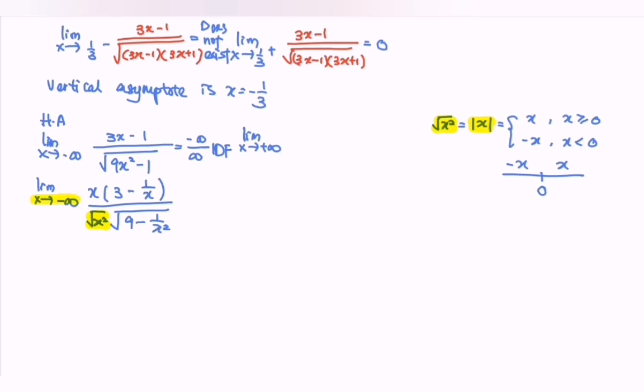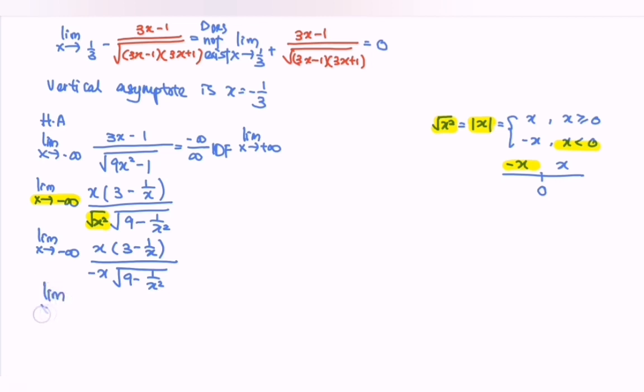For this case, we have negative infinity, meaning towards the left, so we have to make use of the negative x. So kindly simplify the situation. Limit when x approaching negative infinity, we have x multiplied with 3 minus 1 over x, over negative x multiplied with the square root of 9 minus 1 over x squared. Simplify.